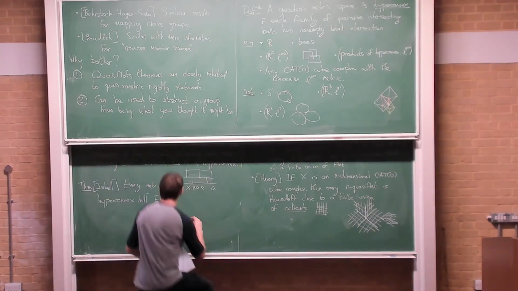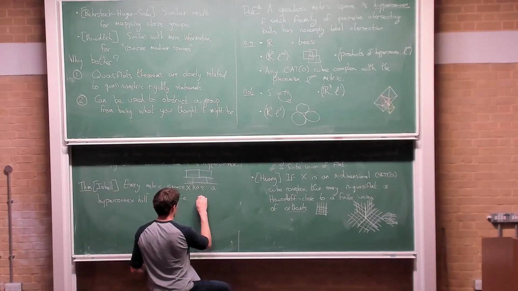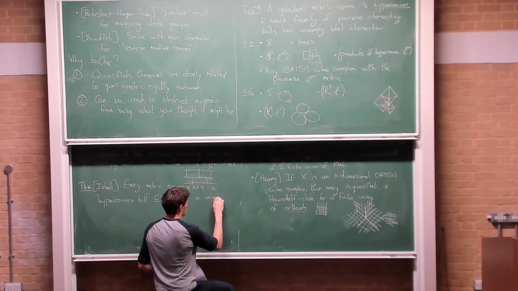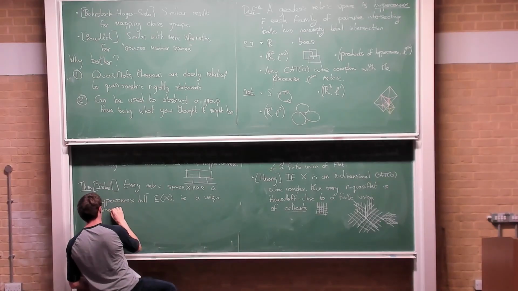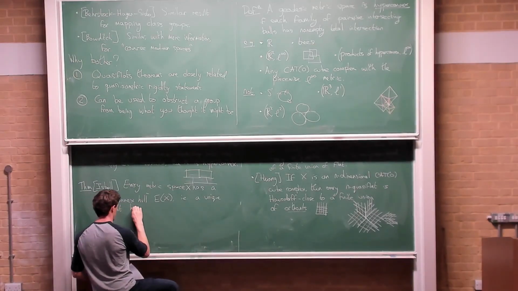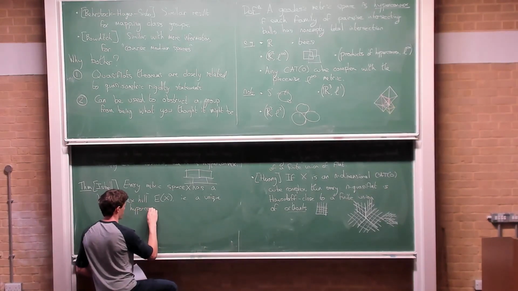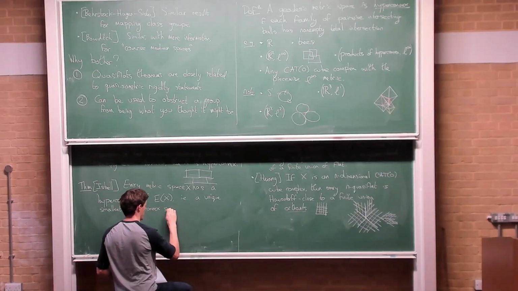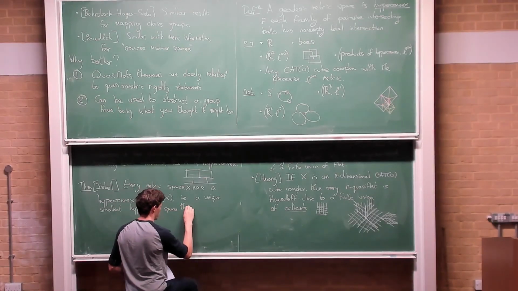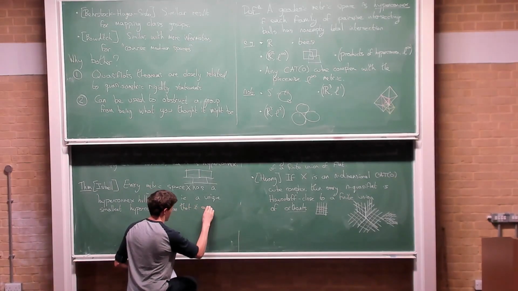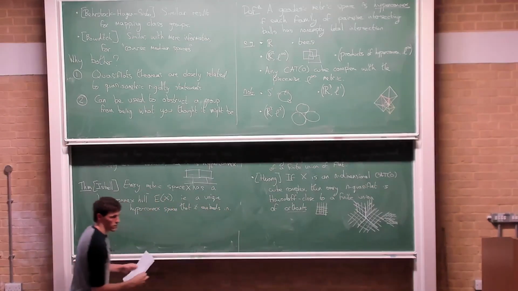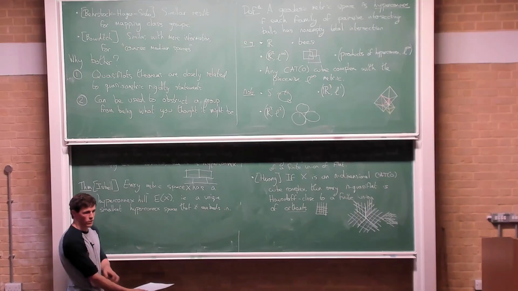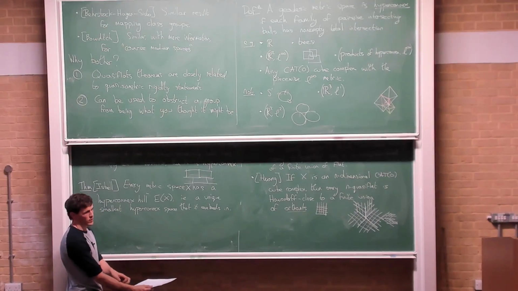It's a hyperconvex hull, i.e. a unique smallest hyperconvex space that it embeds in. Okay, so this gives you loads of different hyperconvex spaces.